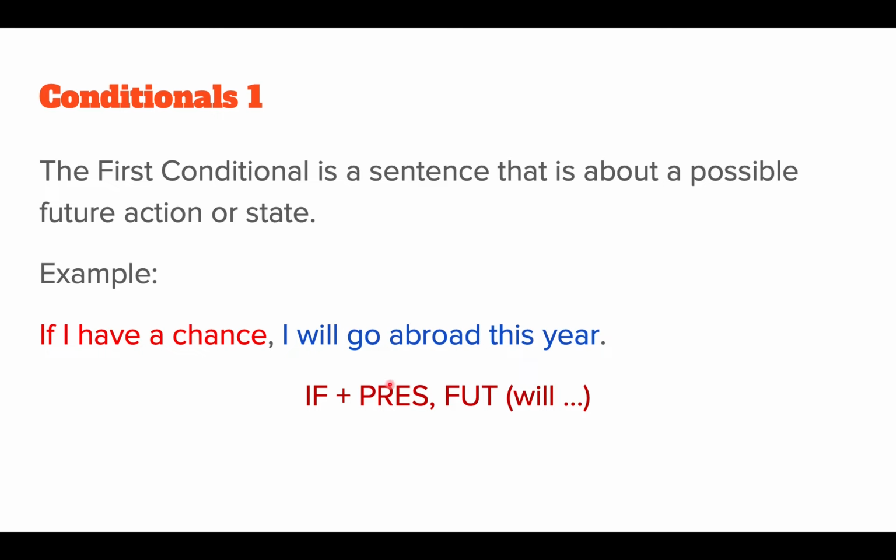I will go abroad this year, but I need a chance. If I have a chance, I will go abroad. If not, if I don't have a chance, I won't go abroad. So this is the condition for this future to materialize. This is the first conditional. Future possible. If present, future: if present, will and the verb.